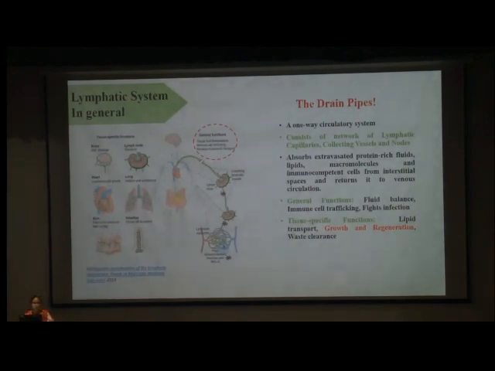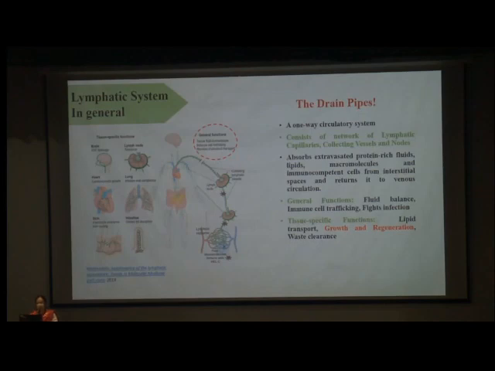So we all know that lymphatics are one-way drain pipes, and they consist of a network of vessels, collecting vessels, and the lymph nodes. And their major function is to absorb the extra fluid which has been extravasated from the blood capillaries to the interstitial spaces and then return back to the blood through the venous circulation.